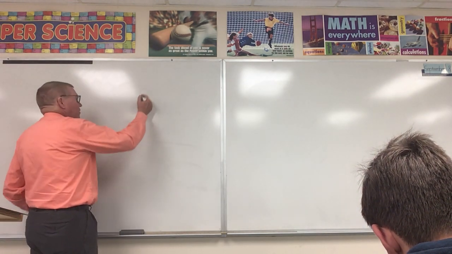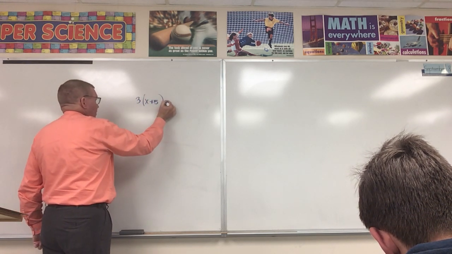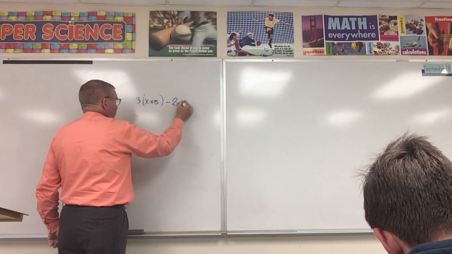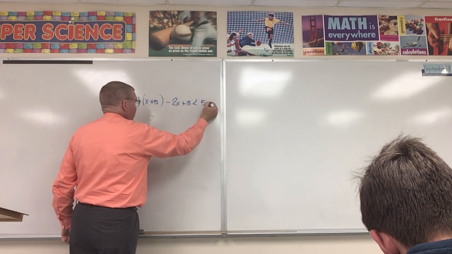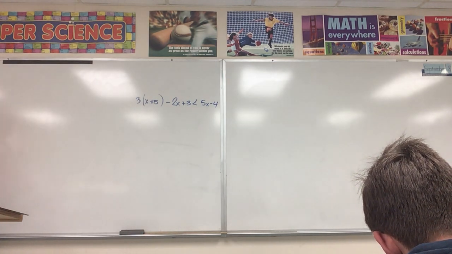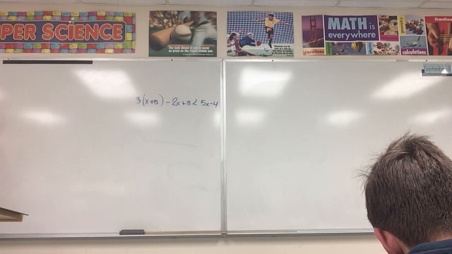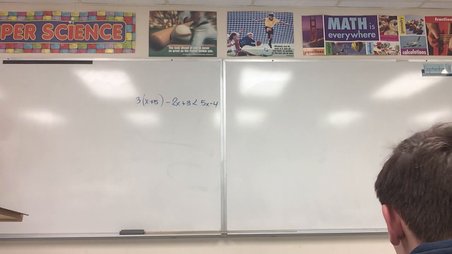So if we have 3 times (x plus 5) minus (2x plus 3) is less than 5x minus 4, we're going to solve like normal. First thing we're going to do is do what?